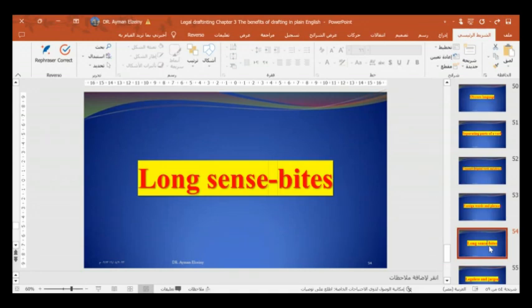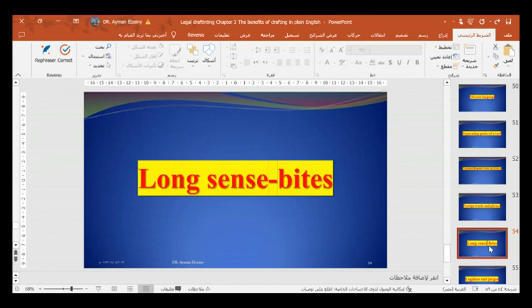Long sense bites, when combined with the deliberate absence of punctuation, and lack of paragraphing and indentation, produce impenetrable and confusing text that is hard to comprehend.